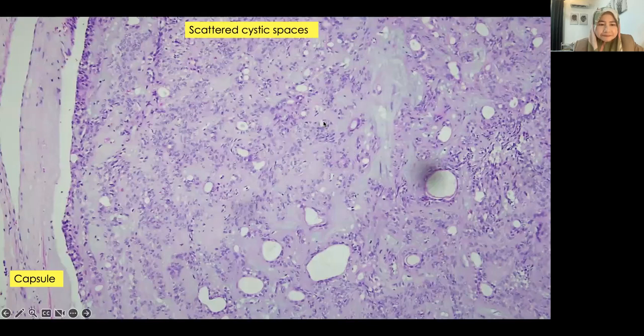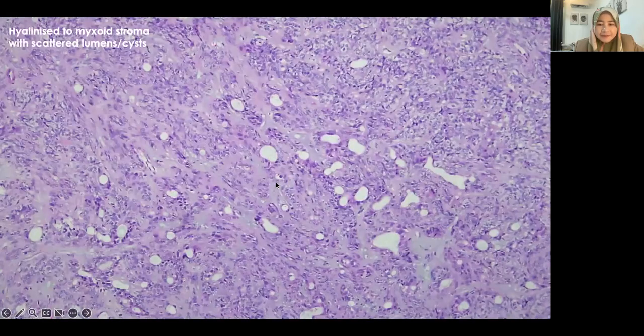This is a fibrous capsule, this is a pushing tumor, and there are scattered sclerotic and myxoid stroma, highly myxoid stroma with scattered lumens and cysts present here.